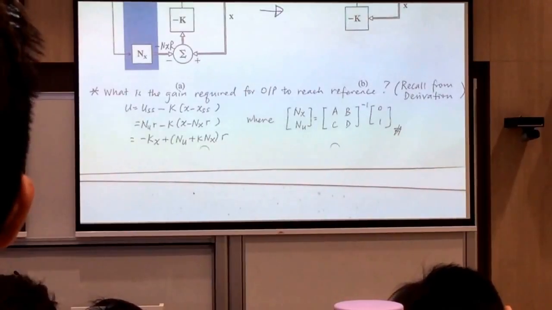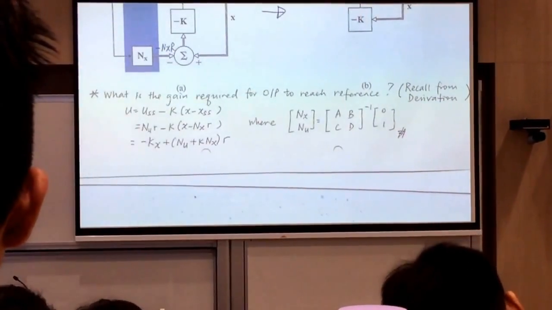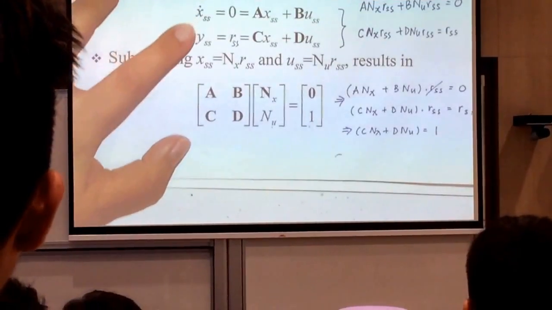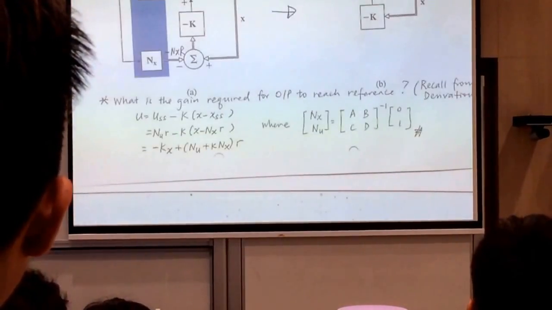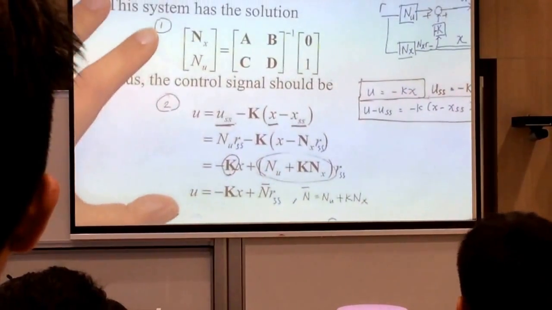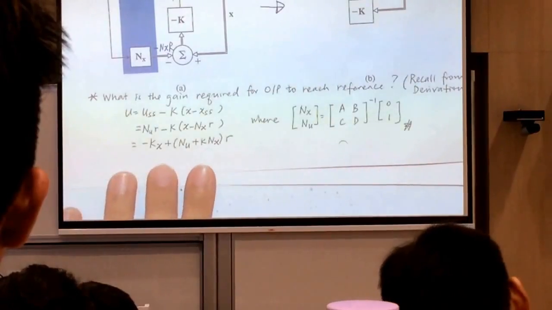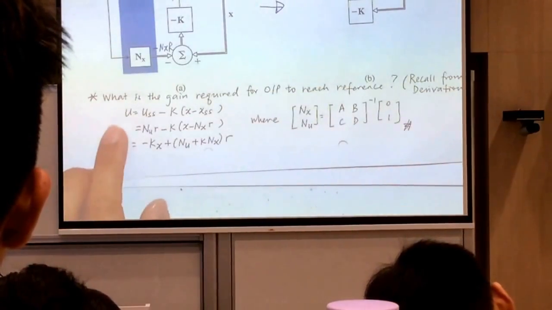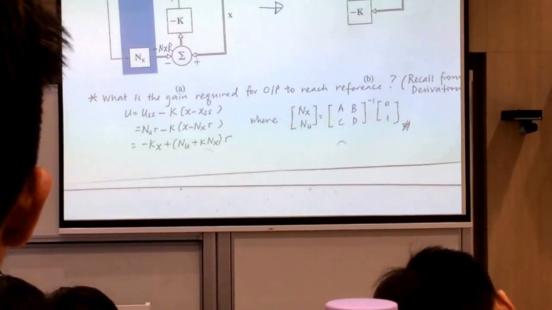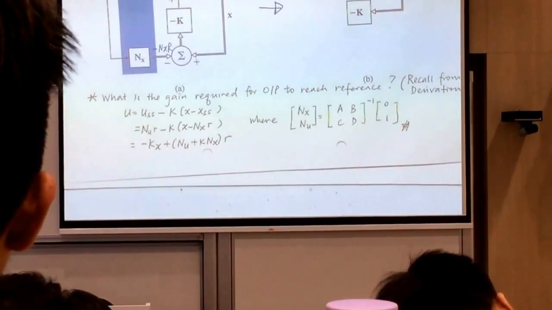Everything in front includes this part. In short, u is minus kx plus (Nu plus K Nx) r, where Nx and Nu are as defined.